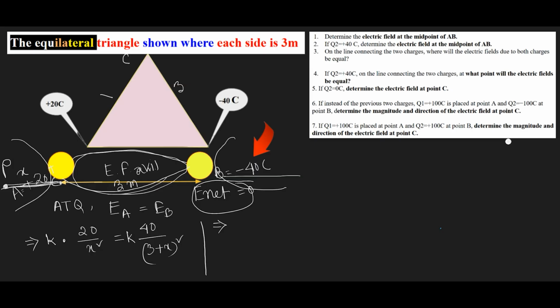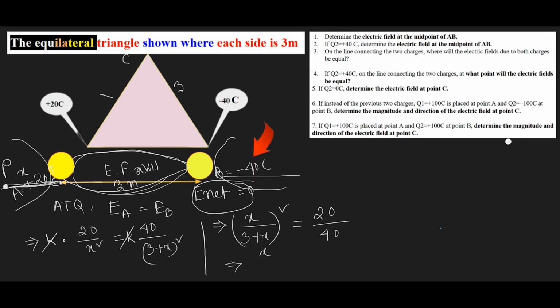So here obviously K cancels. X over 3 plus x whole square equals 20 over 40.